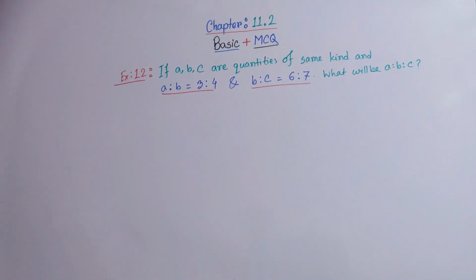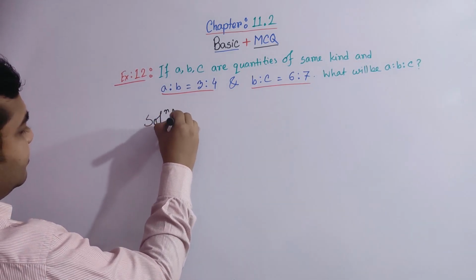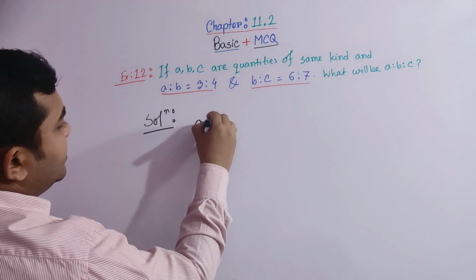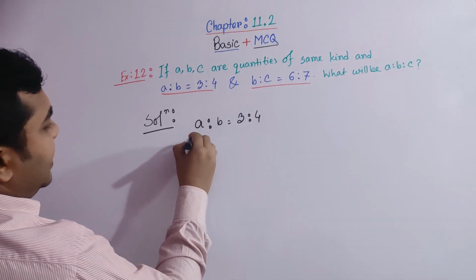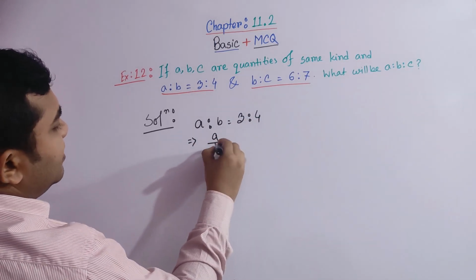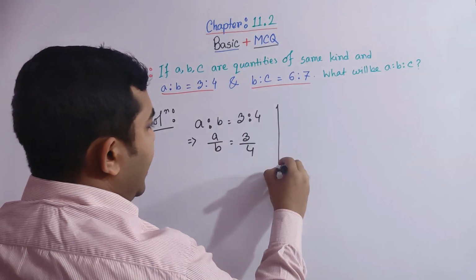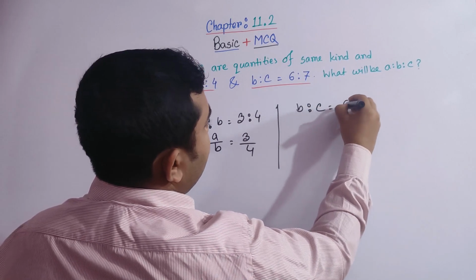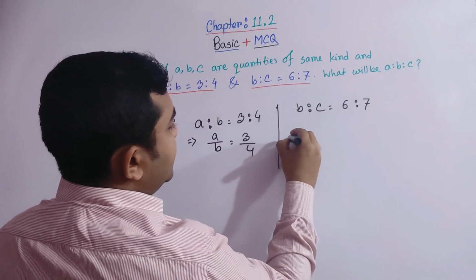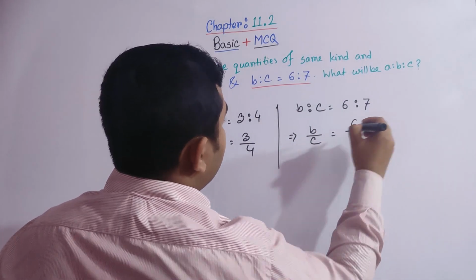Which calculation are we looking for? Here it is given A is to B is 3 is to 4, that means A by B equals 3 by 4, and B is to C equals 6 is to 7, that means B by C equals 6 by 7.